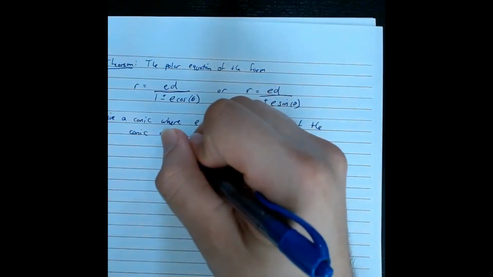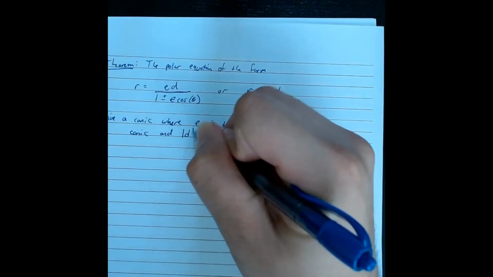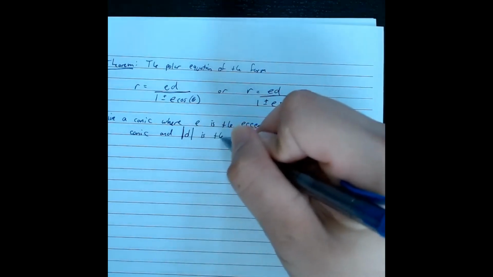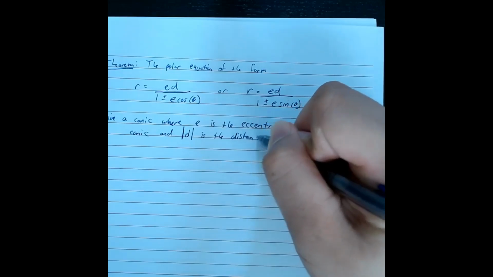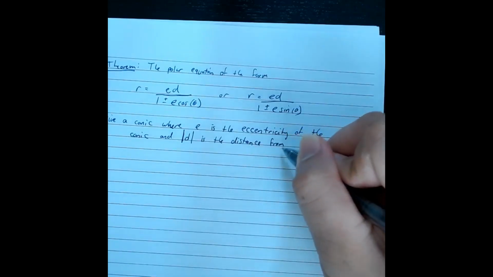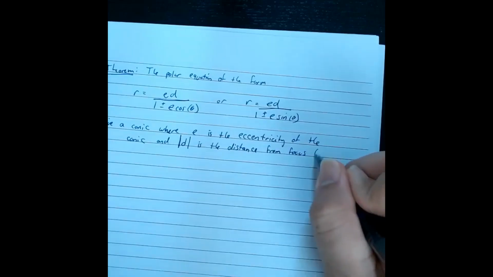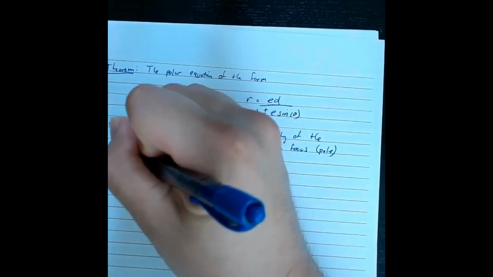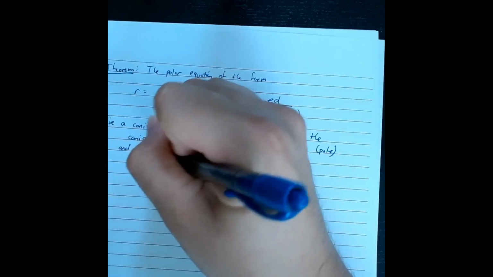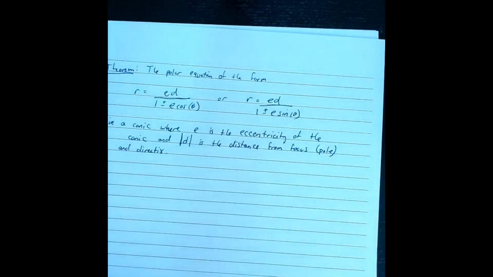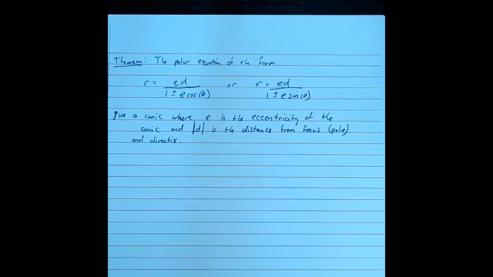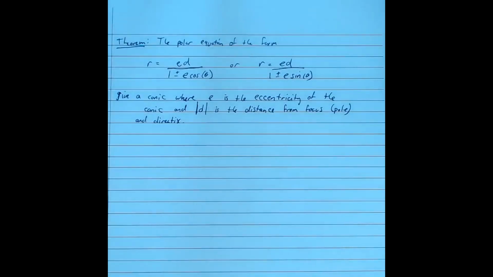The absolute value of d is the distance from the focus, which is found at the pole, and the directrix. All right. So this seems a bit convoluted, but an example clears this up really rather nicely.